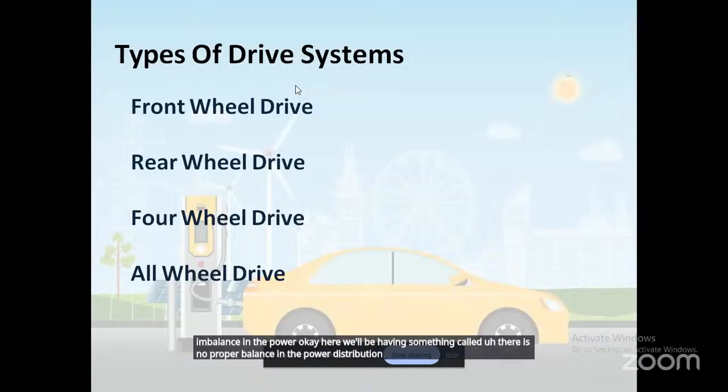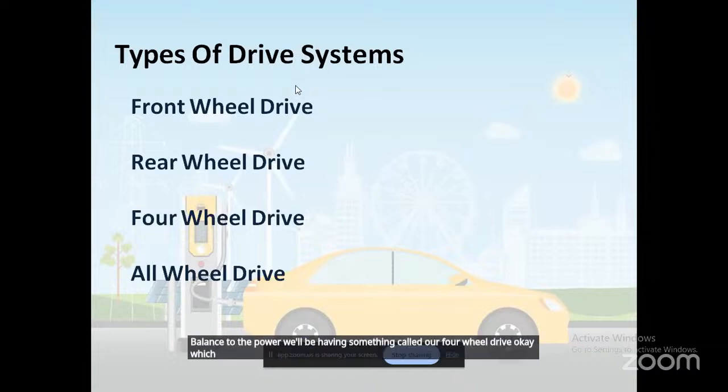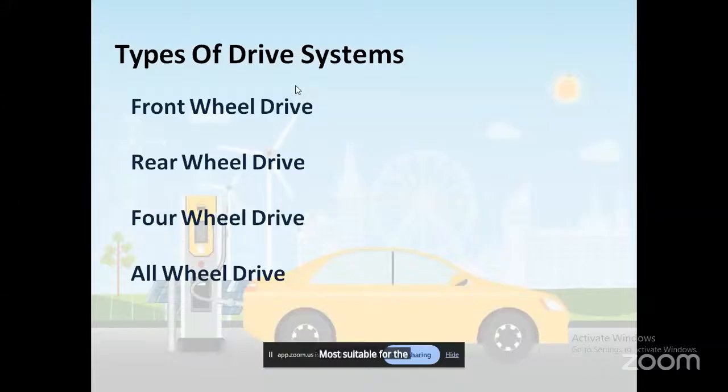To avoid this condition, to give the proper balance to the power, we have the four-wheel drive, known as 4WD, as in the Tesla 4x4, or the recent models like the Mahindra Thar, which is one of the beautiful cars, or in the Jeep, where the vehicle is most suitable for off-road conditions. There we can observe RWD or 4x4.